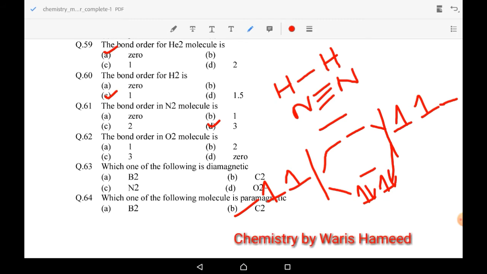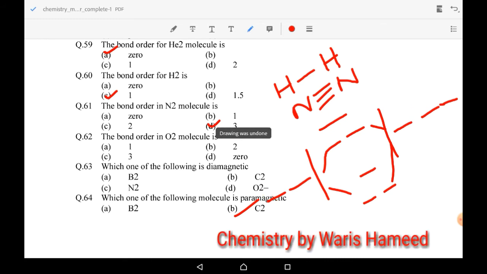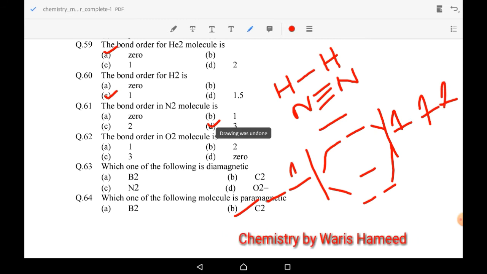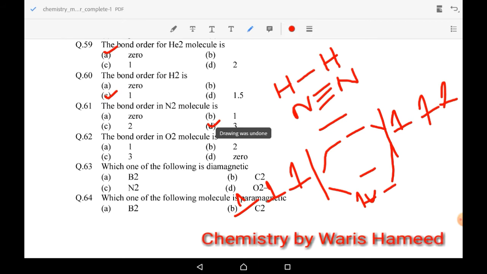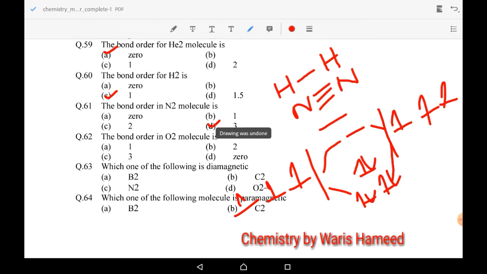In case of N2 there are 3 electrons in p orbitals. So first, second, and third. Here will be the pairing in bonding molecular orbitals. So we can say that nitrogen is also diamagnetic.